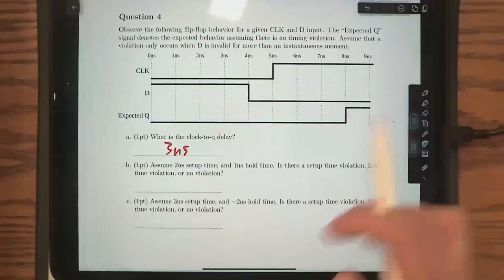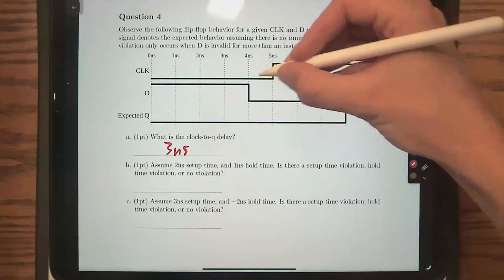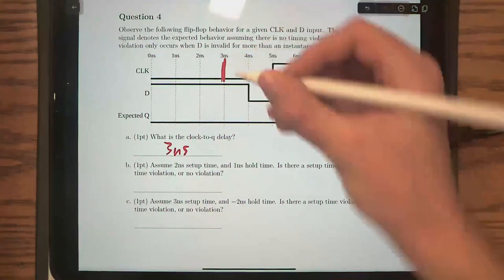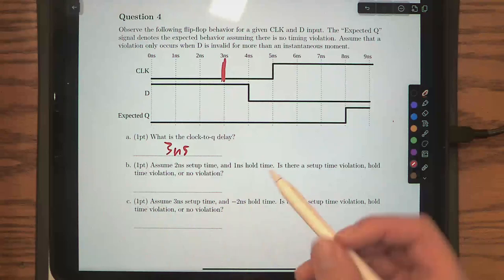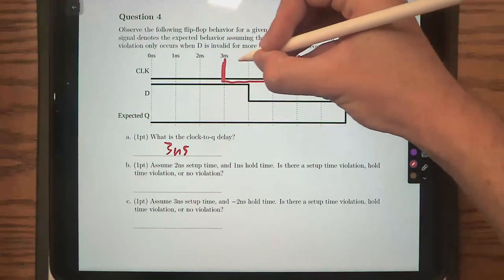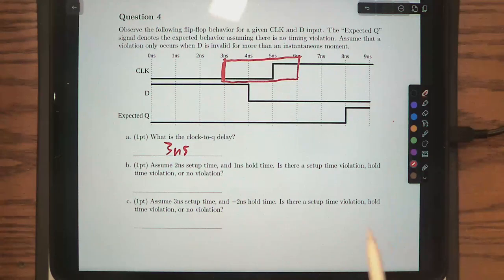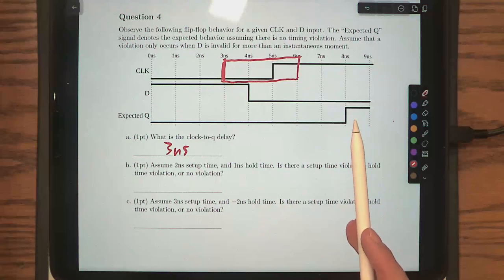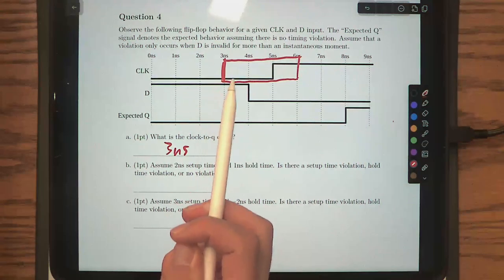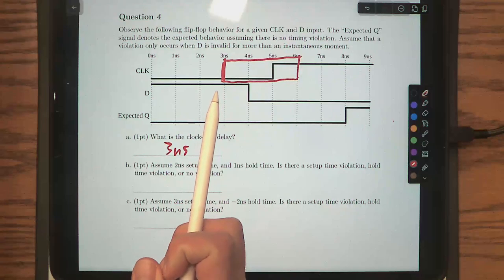It's saying assume 2 nanosecond setup time, so 2 nanoseconds before the timing aperture starts, and 1 nanosecond of hold time. So within this region right here, this is our aperture. We're expecting it to be 1. If we look at the instantaneous moment of our setup time, is our value set up correctly?